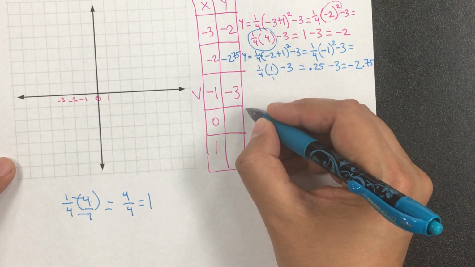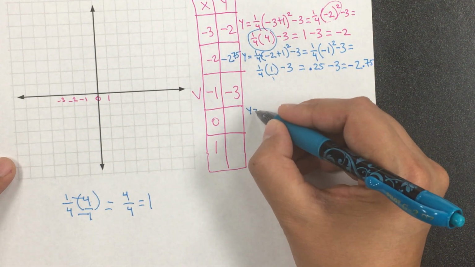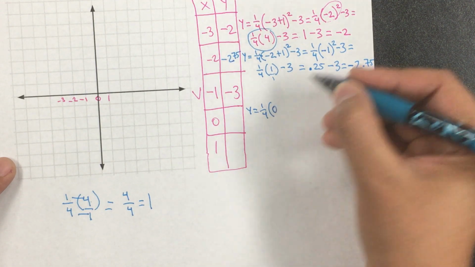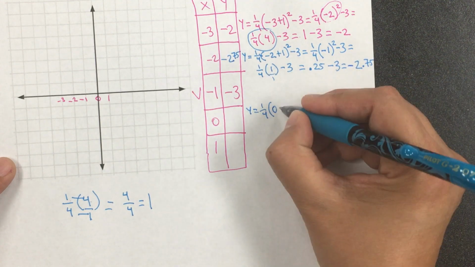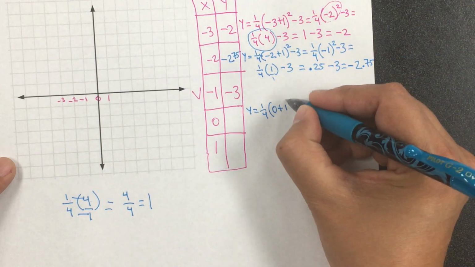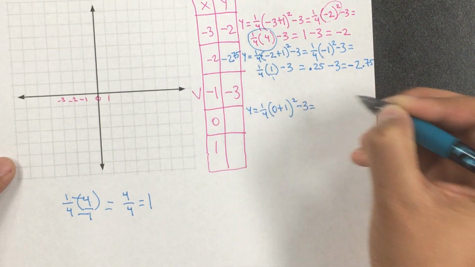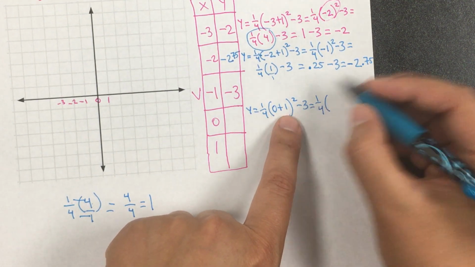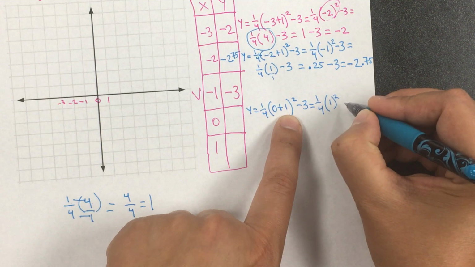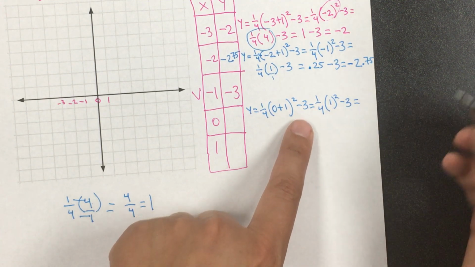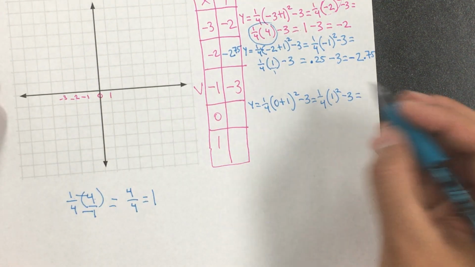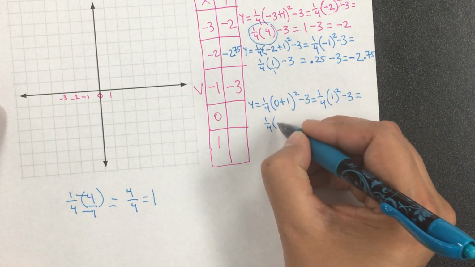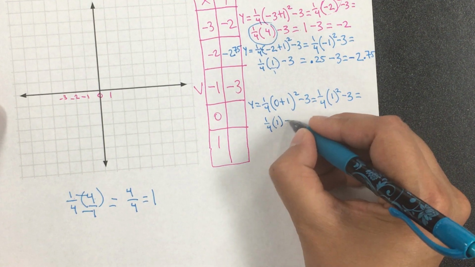In here, we're going to have y equals 1/4, x is 0, plus 1 square minus 3. 1/4 times 0 plus 1 is 1 square minus 3. 1/4 times 1 times 1 is 1, minus 3.